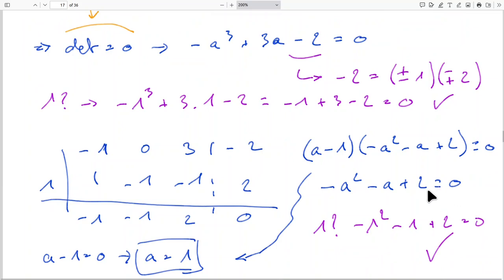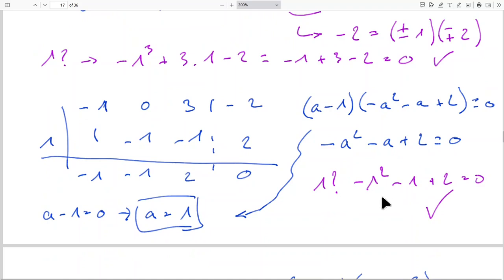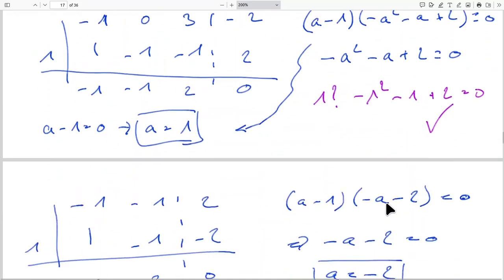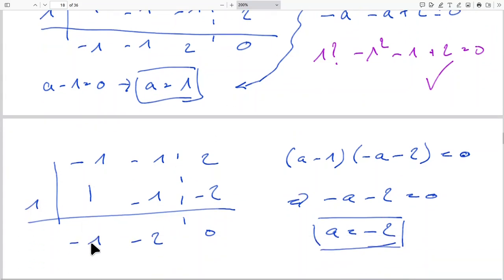We do the same trick, and you can see that this is again divisible by 1. We're in luck. And we can do Horner again. So we have minus 1, minus 1, and 2, and then divisible by 1. Drop the minus 1, so 1 times minus 1 is minus 1.